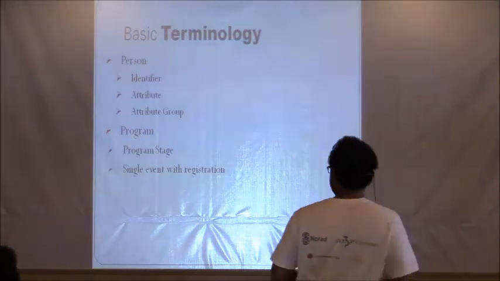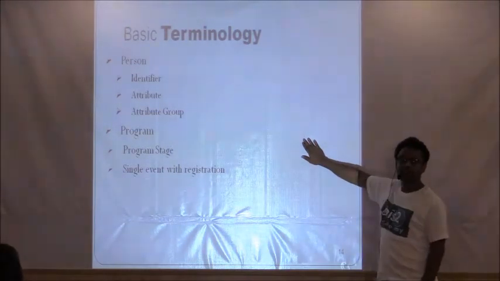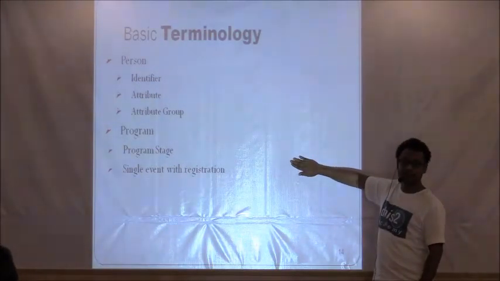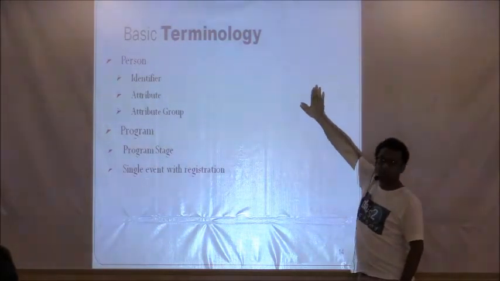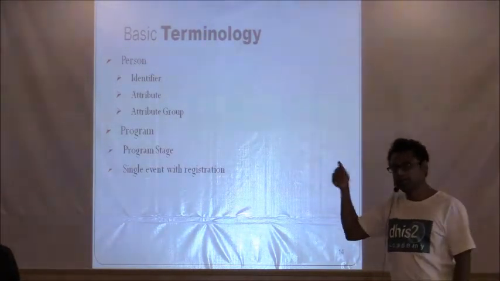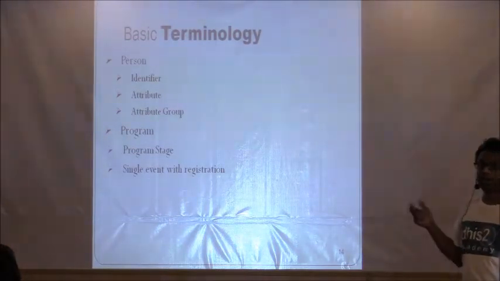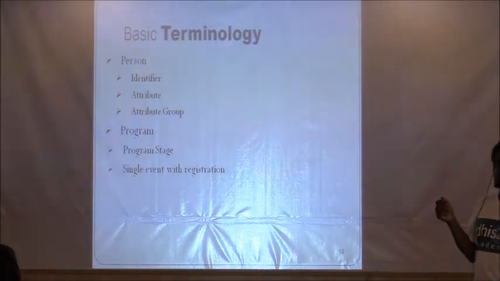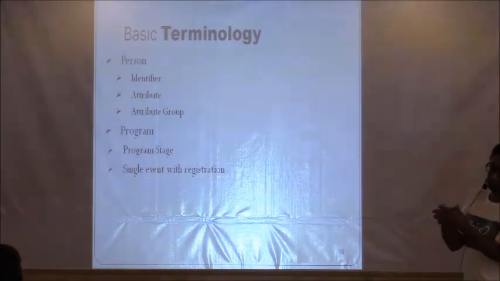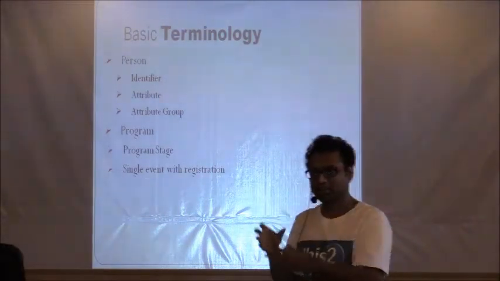Basic terminology. We know about the program, or so-called program and program stage. But these are the things we'll try to talk about: person, attribute, identifier, and attribute group. Okay? So a person is a person. Male and female and everyone else is a person.